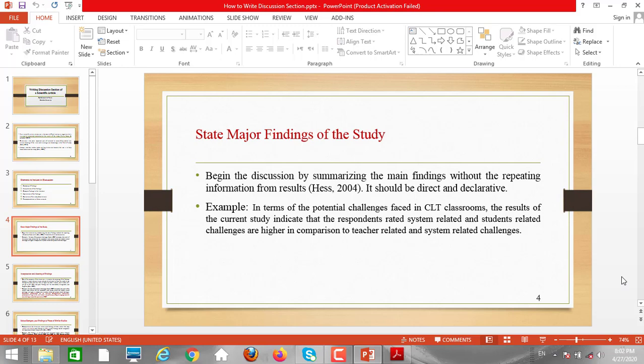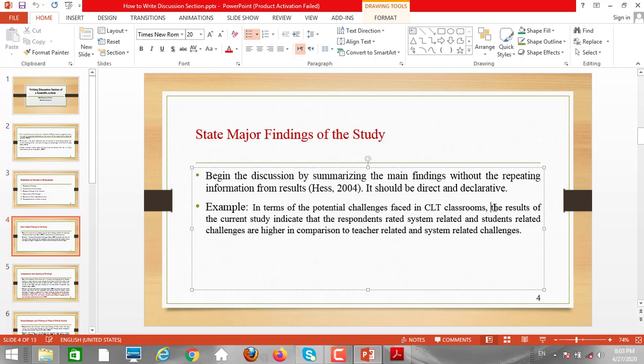Here is one example, as you can see here. This is the major finding for my study. As you can see in this example, the highlighted part is one of my major findings.